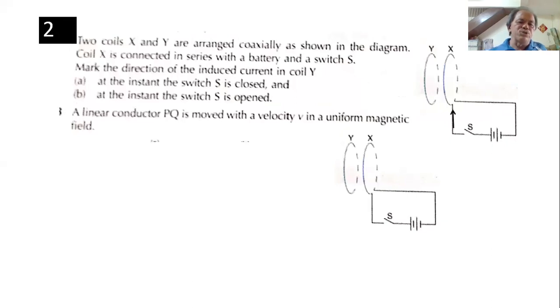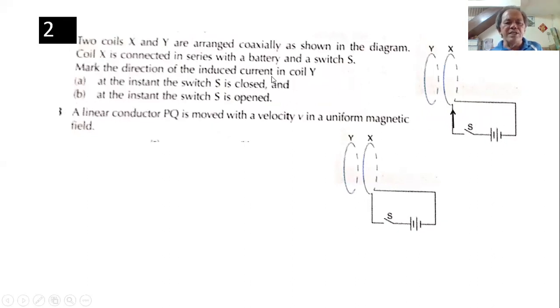Okay, let's try number 2. The two coils X and Y, that's your X, that's your Y, are arranged coaxially as shown in the diagram. Coaxial means you draw a line at the center, you pass through them. That's your axis. Coil X is connected in series with a battery. That's your battery, that's your switch.